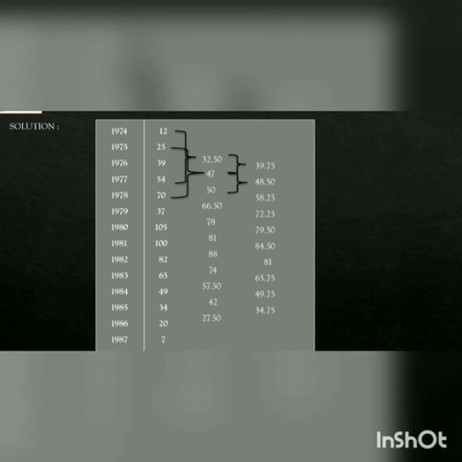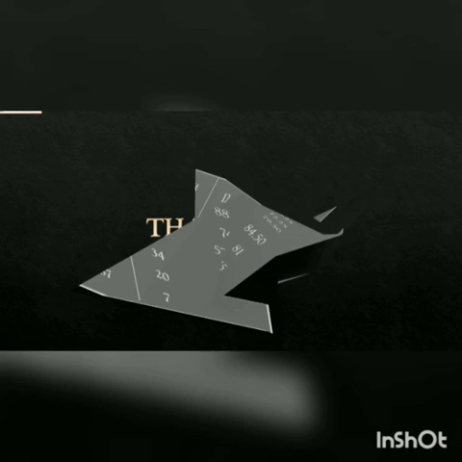By adding this and dividing it by 2, we get 58.25. Like this, we have to do for all the moving totals, and these are our required trend values.